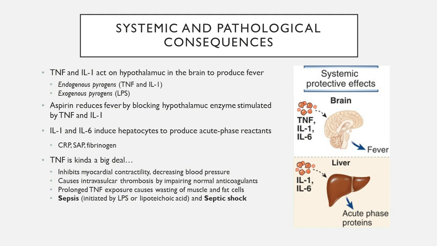It causes intravascular thrombosis by impairing normal anticoagulants, so that's the formation of blood clots. Prolonged TNF exposure causes wasting of muscles and fat cells. And then the big one is sepsis, right? This can be initiated by LPS or lipoteichoic acid to eventually produce septic shock, where your body eventually goes into shutdown. It's one of the main reasons for death in hospitals.